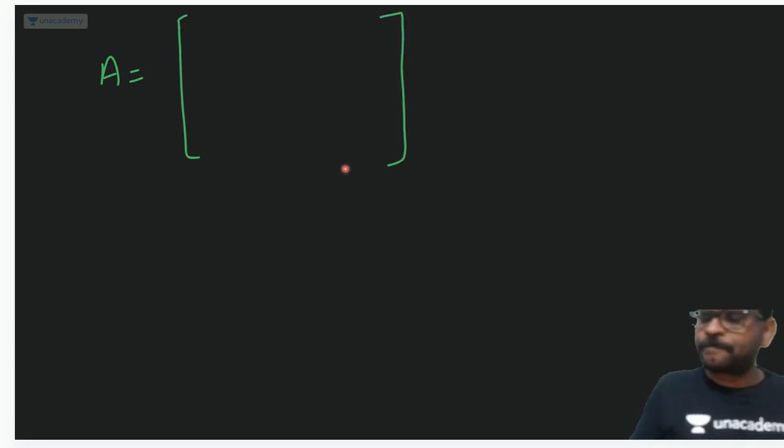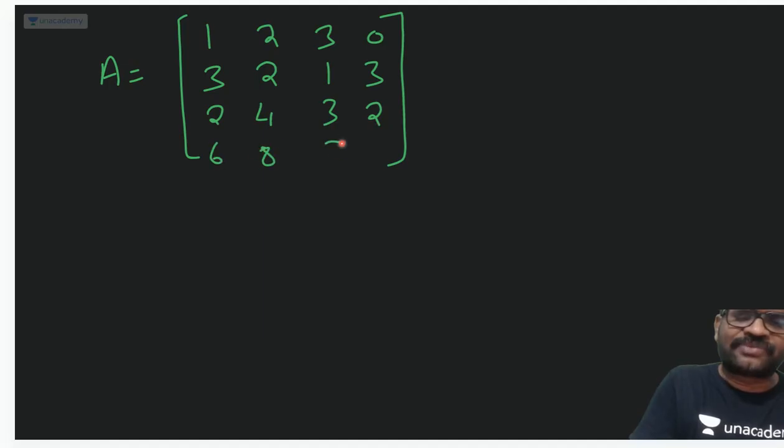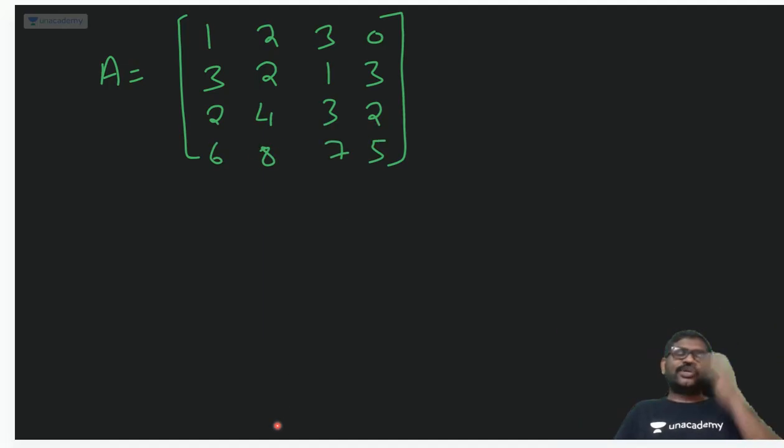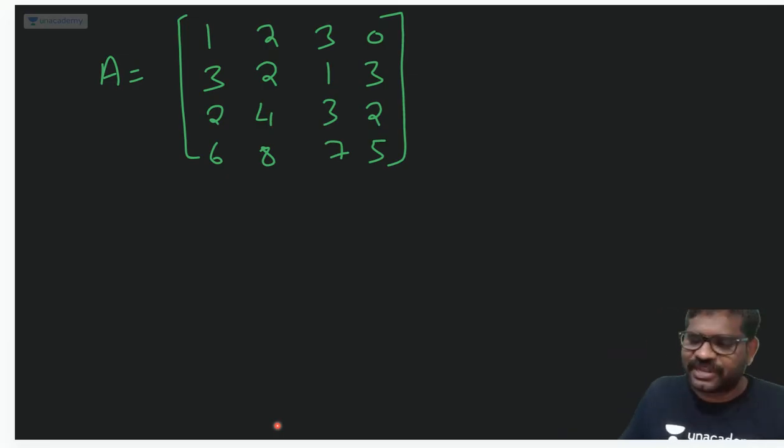Matrix A. 1, 2, 3, 0; 3, 2, 1, 3; 2, 4, 3, 2; 6, 8, 7, 5.